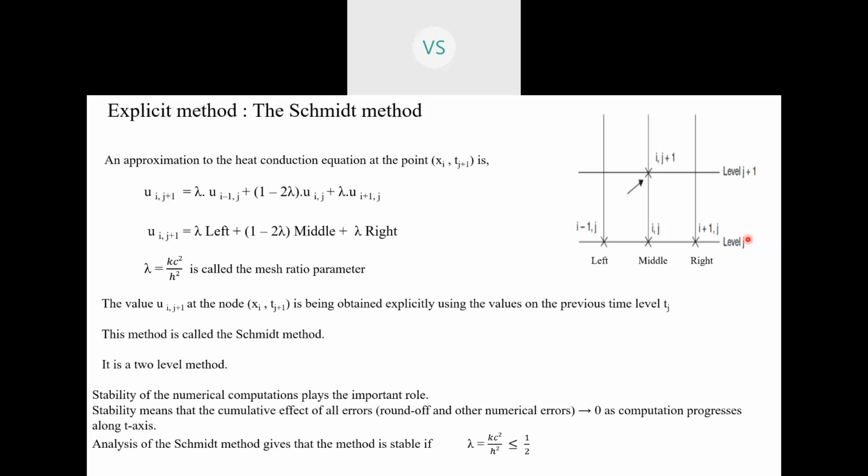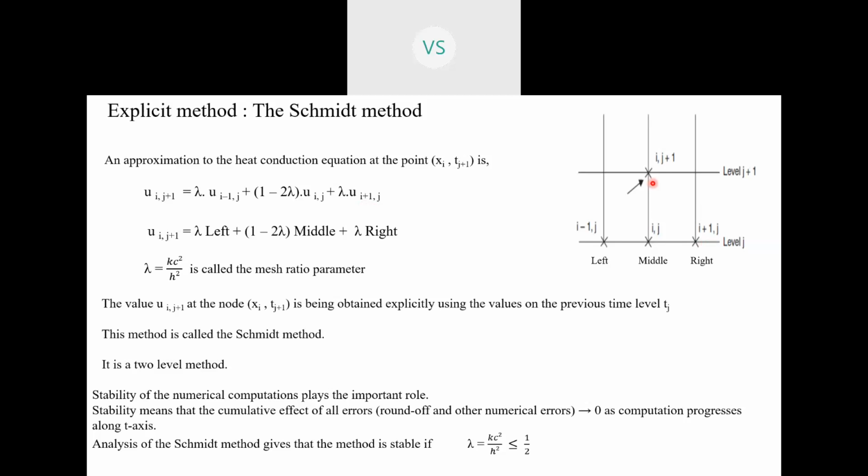Now in this, by the Schmidt method, the formula for this nodal point u_{i,j+1} is lambda into u_{i-1,j} plus (1 minus 2 lambda) into u_{i,j} plus lambda into u_{i+1,j}.